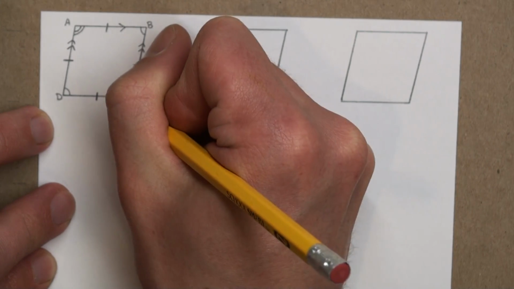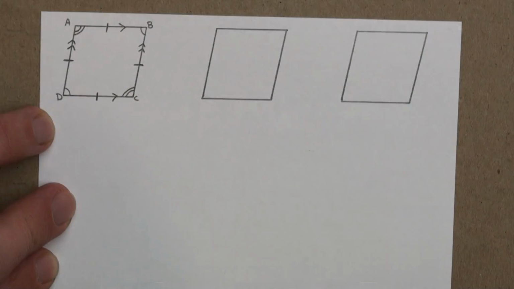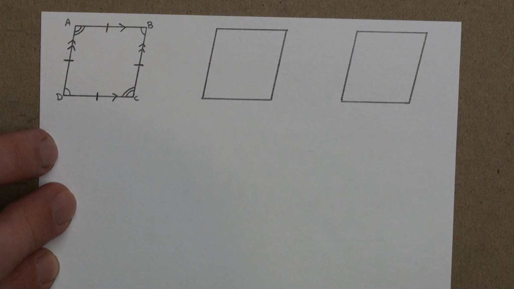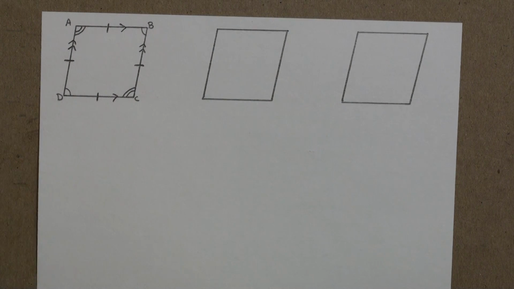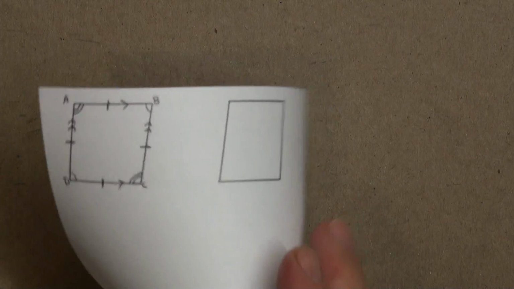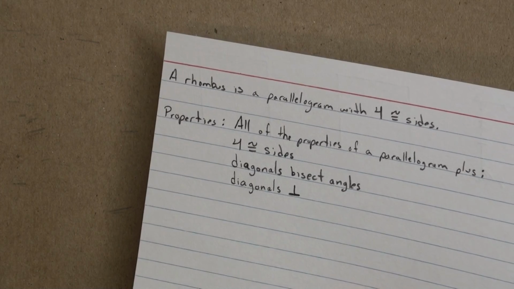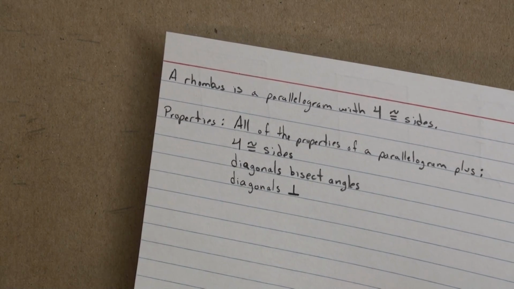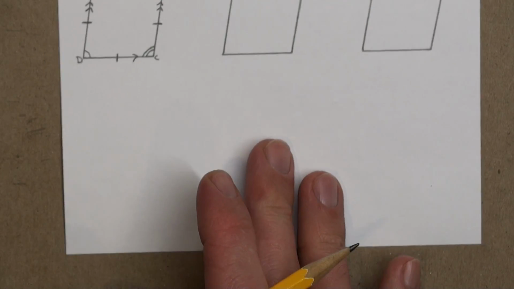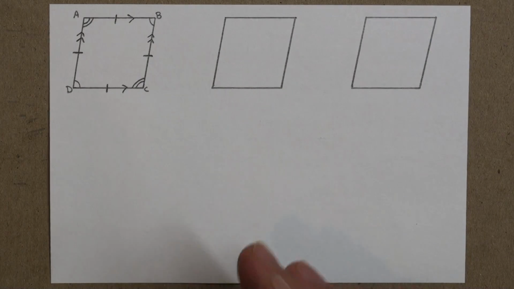So they're not right angles like the rectangle, right? They're congruent. Their opposite angles are congruent like the parallelogram. Okay, so that's good enough for this picture.